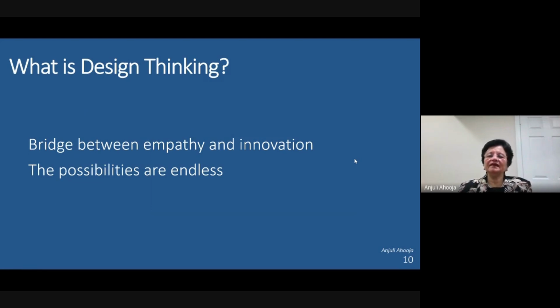And at the end is the innovation, and the bridge between the two is design thinking. The possibilities are endless, because if somebody has empathy and the resources and the will, the innovations can happen. It may take a long time, but it can happen. And design thinking is the process that can help people innovate in the way they want to.